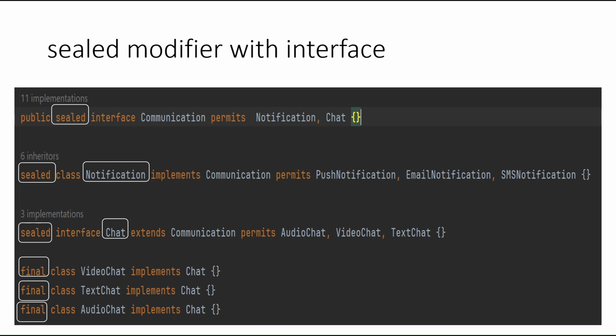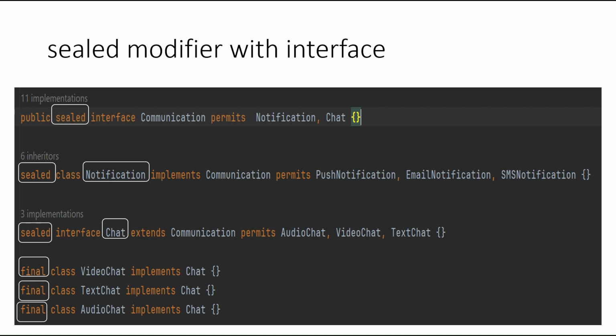The sub-interface of the sealed interface can be declared sealed or non-sealed. Here we have declared the chat interface as a sealed interface because we know which classes are going to implement it. We can also declare the chat interface non-sealed when the classes which are going to implement the chat interface are unknown.